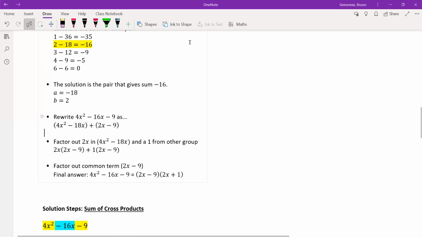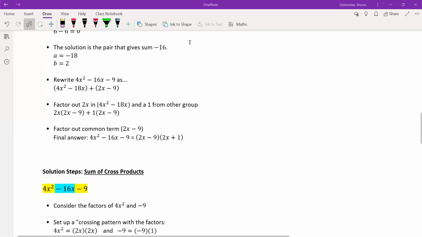Grouping them just means putting brackets around two of them, and you factor out what's common. Here you have a 2x that's common. Here there's nothing really common, so you take out a 1 just so you can identify the next step. So they both have the 2x minus 9 in common.